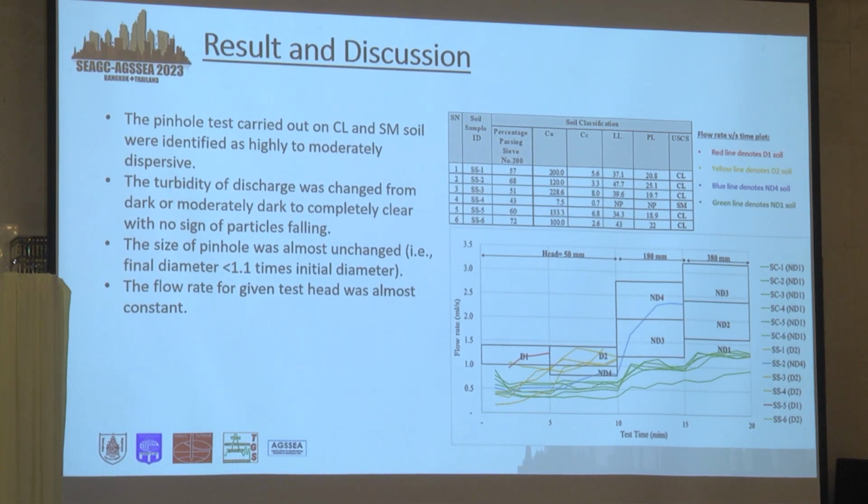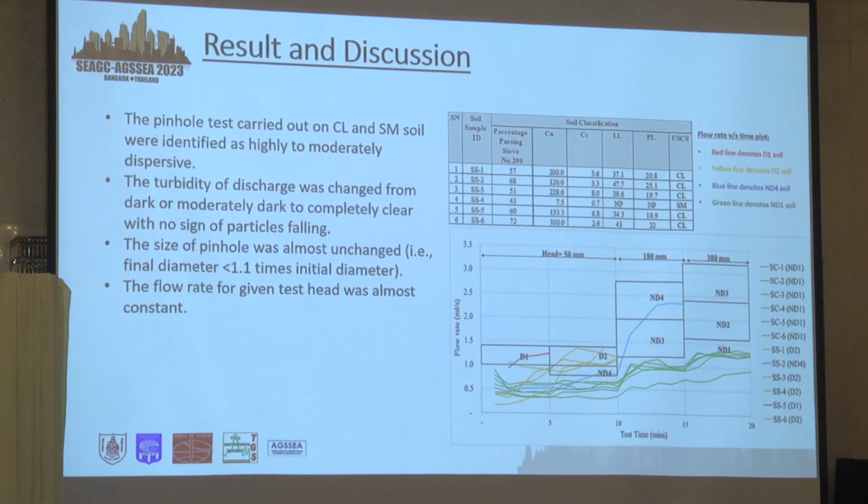So this also shows that when the head was constant for the dispersive soil, the flow rate increased steadily, and the soil which has the cement content didn't have the increase in the flow rate for the constant head. So when the head in the pinhole test was increased, the flow rate was increased. This can be seen in the green portion of the graph.